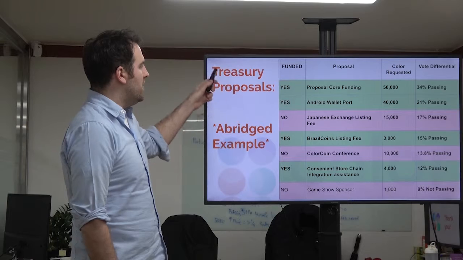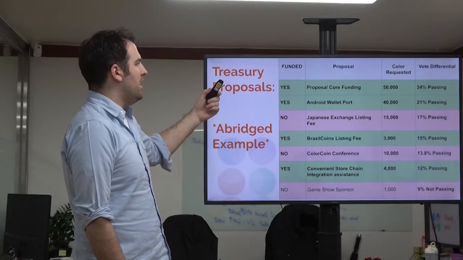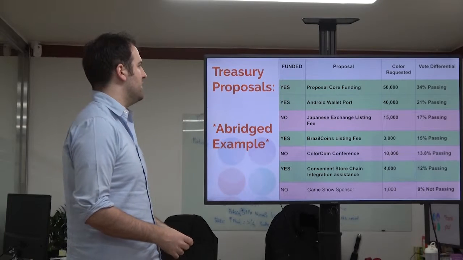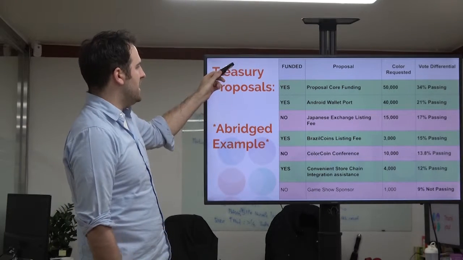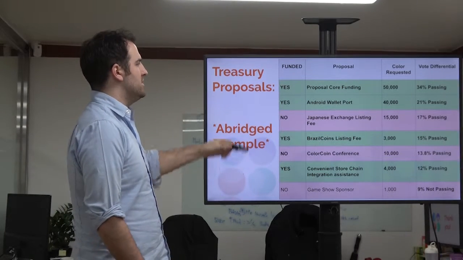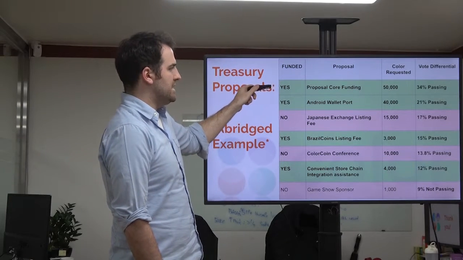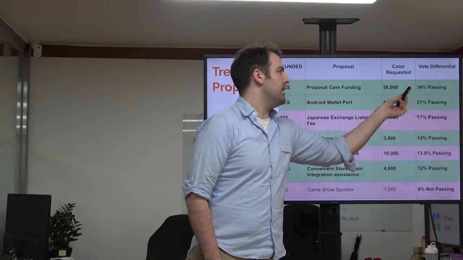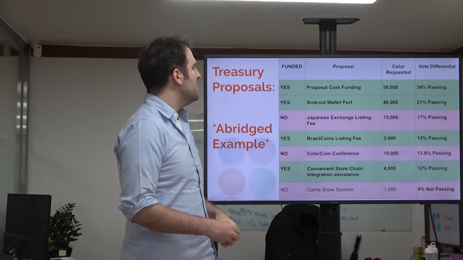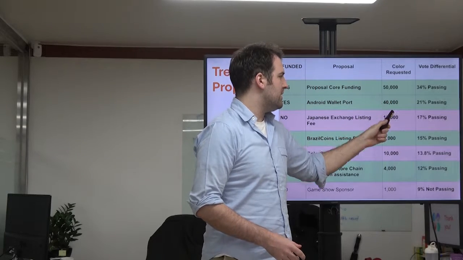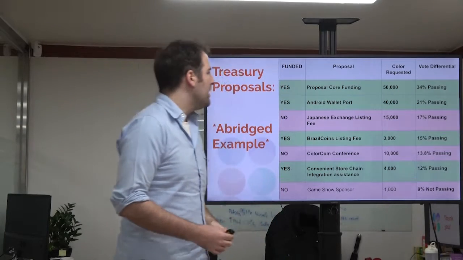For example, 100,000 color every month will be designated to the treasury at first. And this is an example breakdown. Core funding, let's say, takes up half, and a lot of people agree with that. Then the next one takes up 40,000, and a lot of people agree with that.